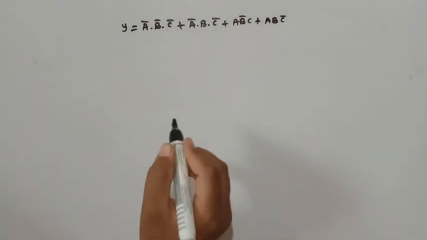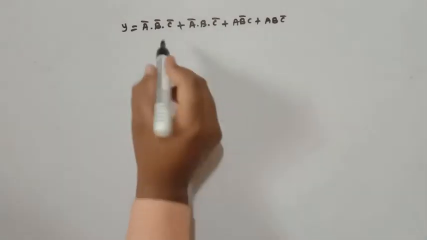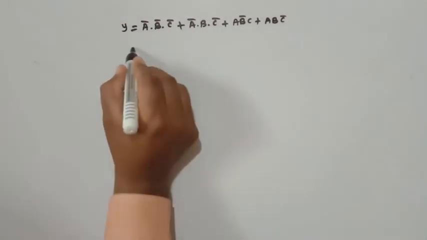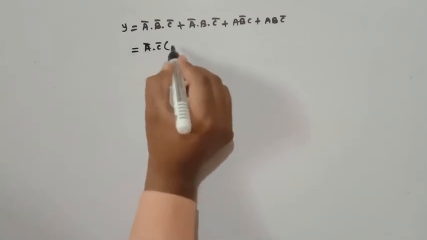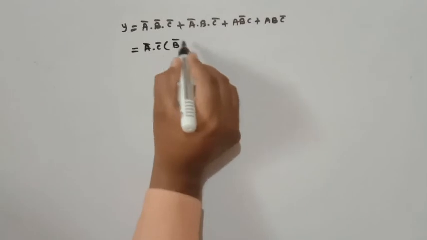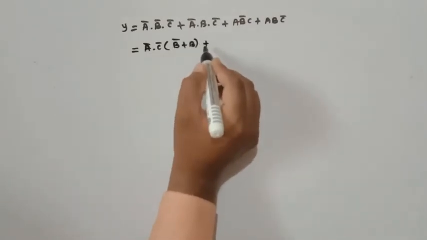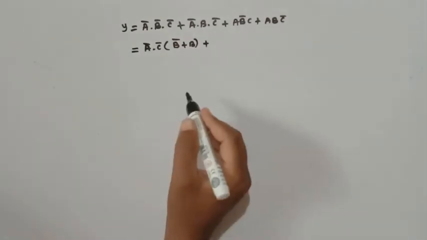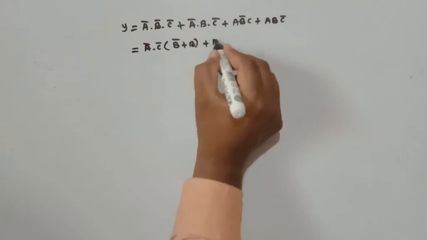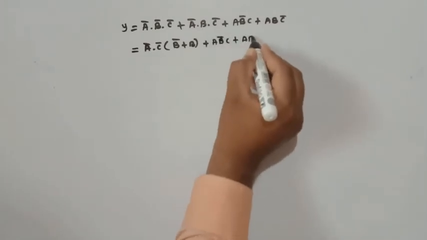First we make an observation: within the first two terms we identify that a bar and c bar are common, and we write b bar + b. In the other two terms we do not find any common terms, so we write them as they are: a b bar c + a b c bar.